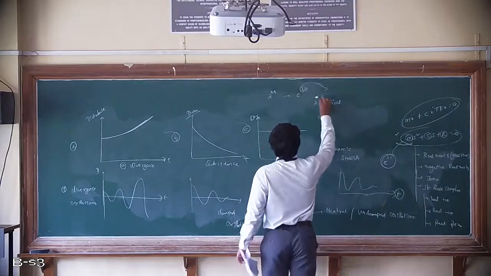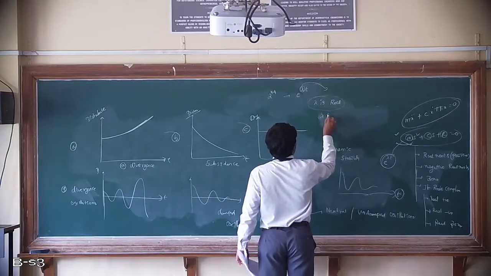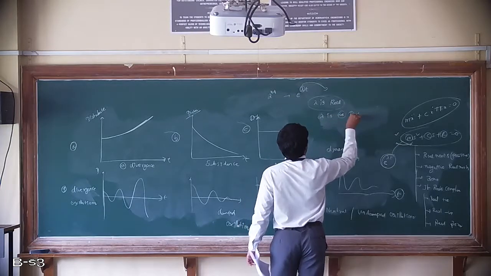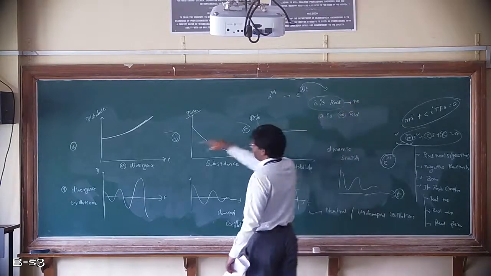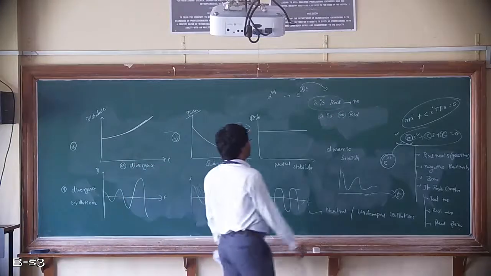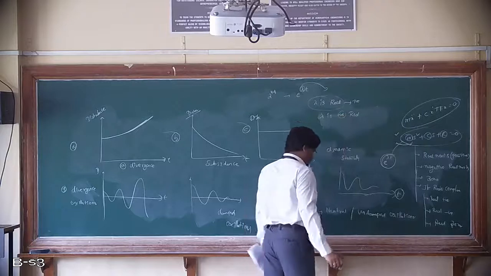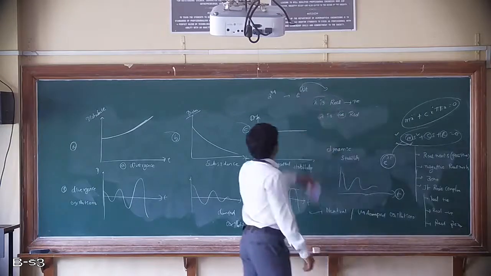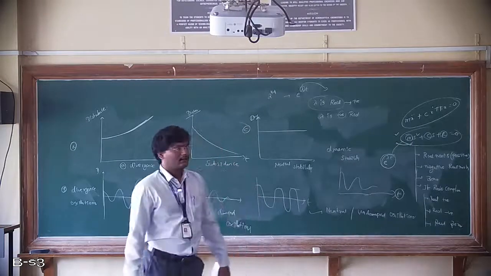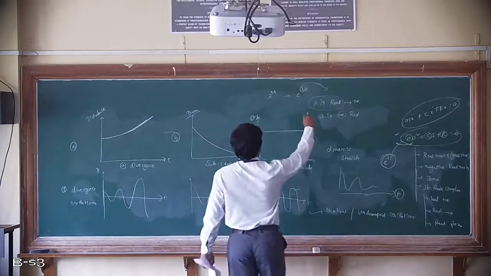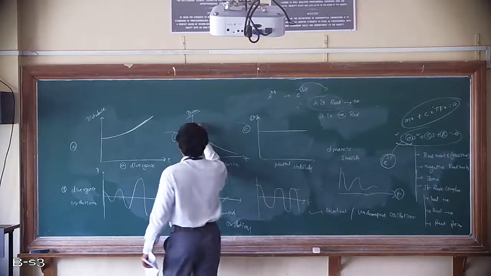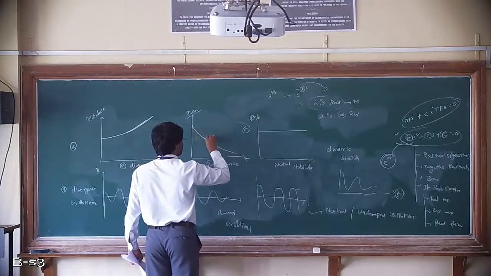What will happen if lambda is a negative real term? If it is positive, we get the divergence response. If lambda is negative, then it will decay exponentially, you can say it is subsidence.